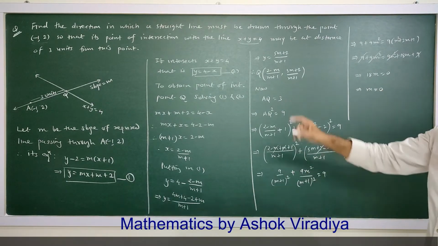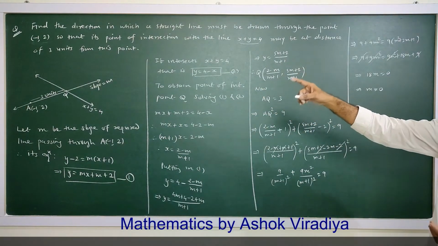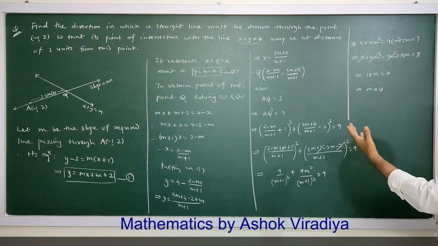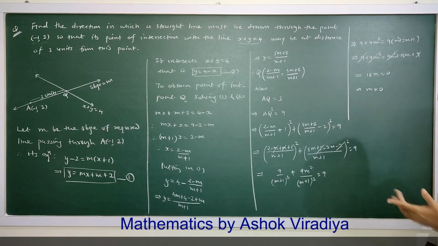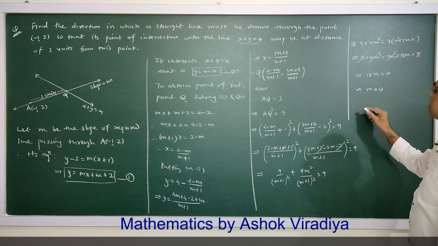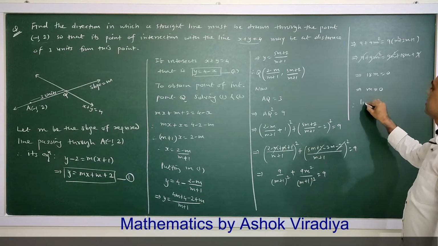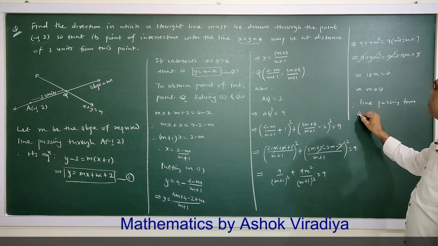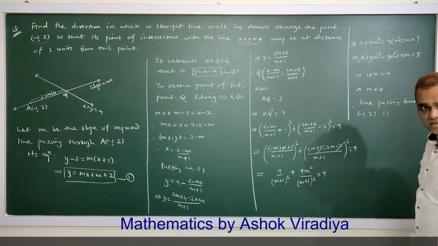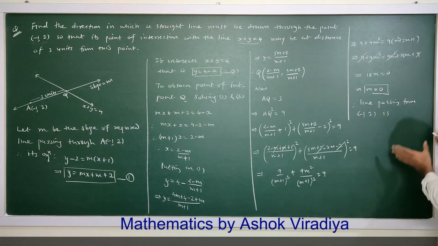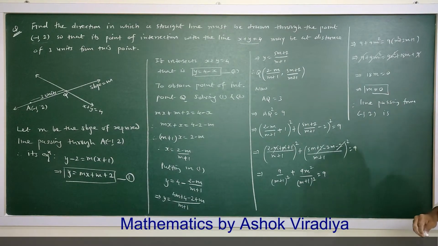That means the slope of the line passing through (-1, 2) is 0. Slope 0 means it is a horizontal line, parallel to the x-axis.